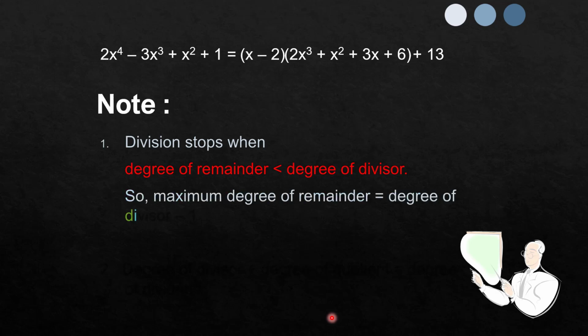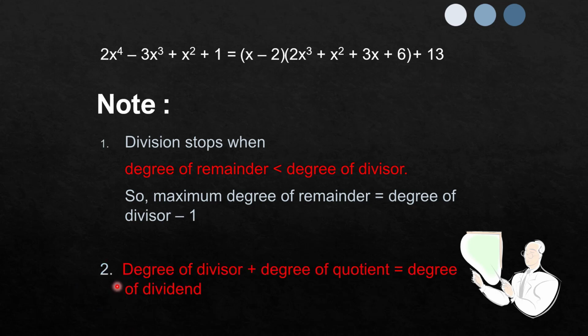So, the maximum degree of the remainder is the degree of the divisor minus 1. If in here the divisor is with the degree of 1, or a linear divisor, so for sure the remainder is a constant with the degree of 0.